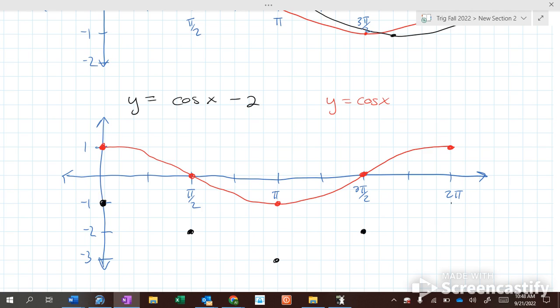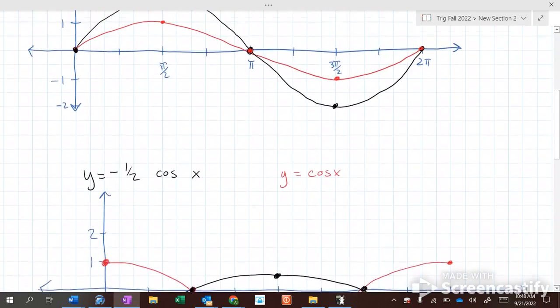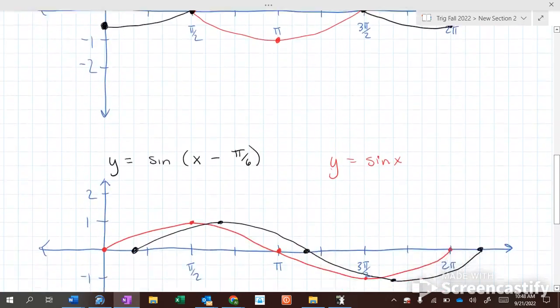Instead of being at 1, I'm at negative 1. So it's just the graph shifted down. And there we are. That's the basics of graphing with phase shifts, amplitude shifts, and shifts up or down.